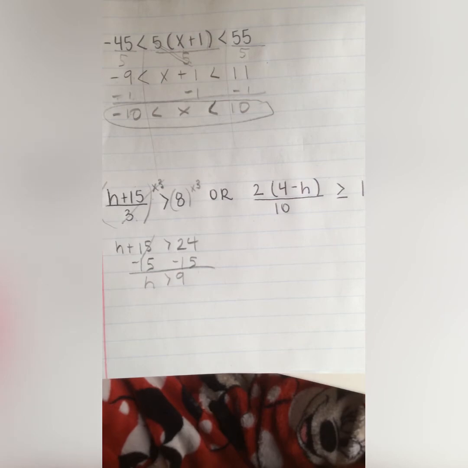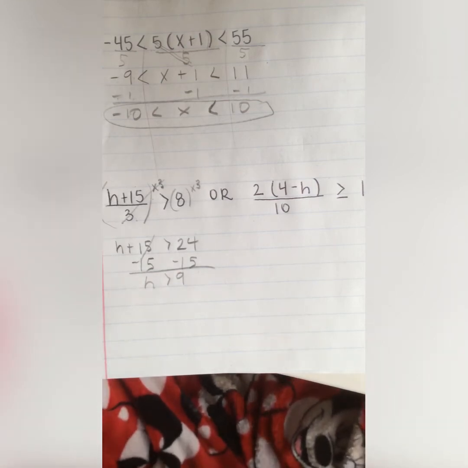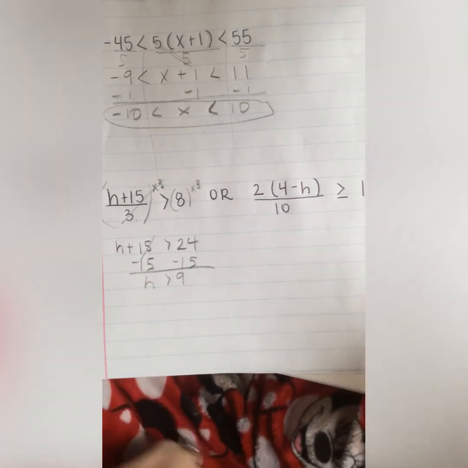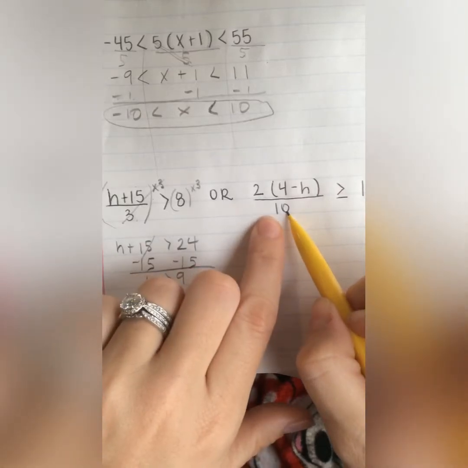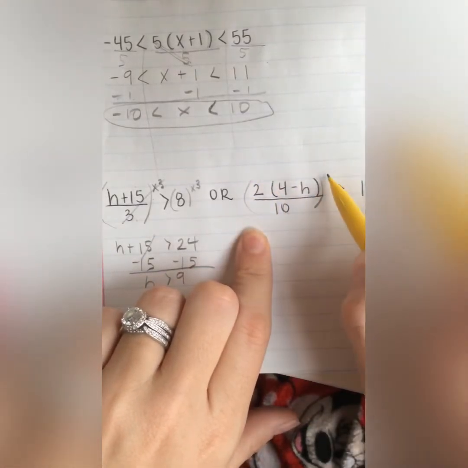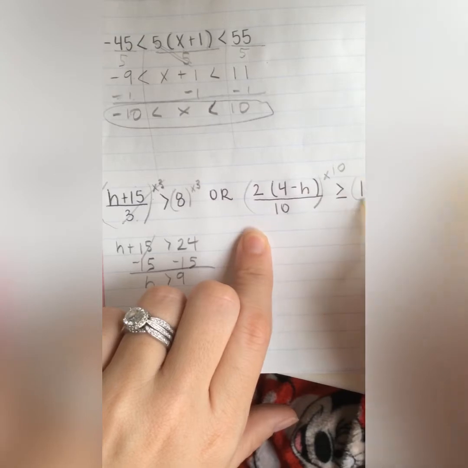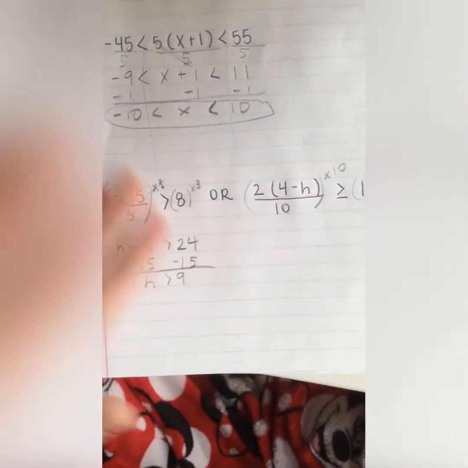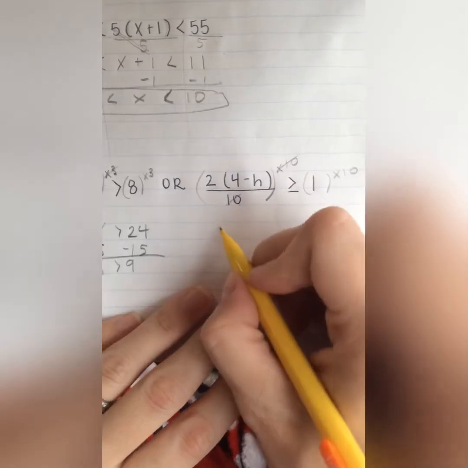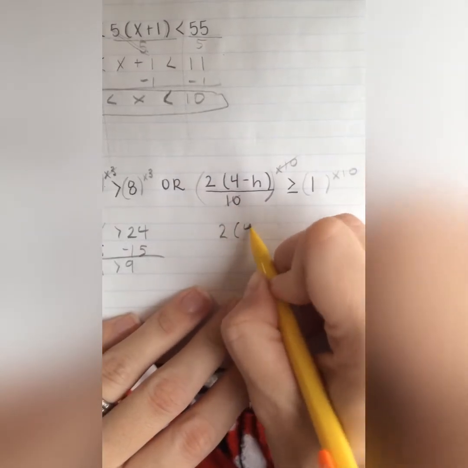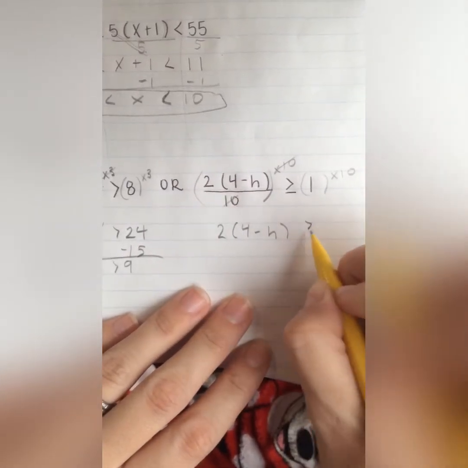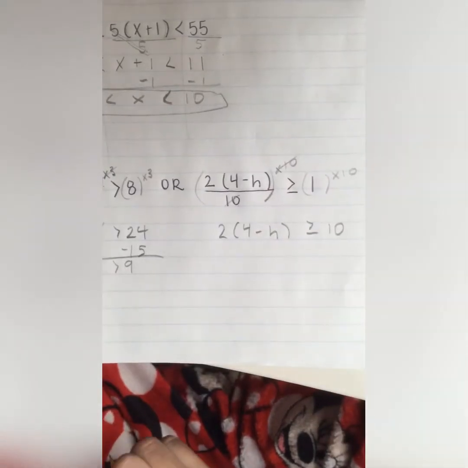For this one, we can start off by canceling out our divided by 10 by multiplying both sides by 10. These would cancel out, and we have 2 times 4 minus h is greater than or equal to 10.